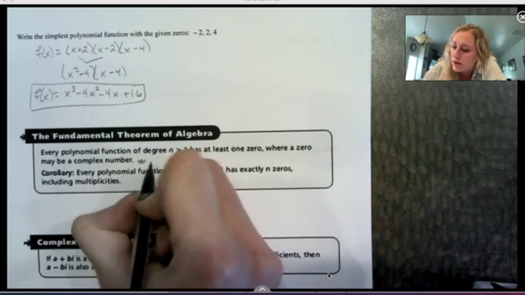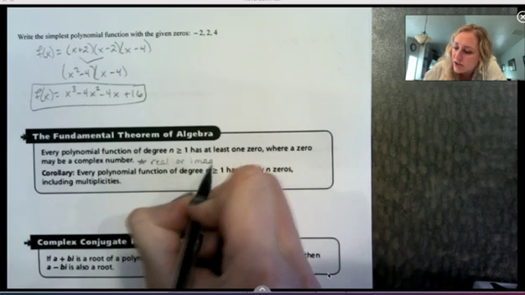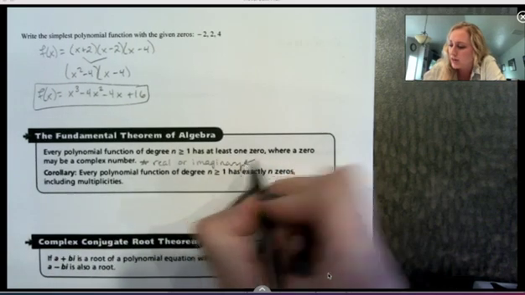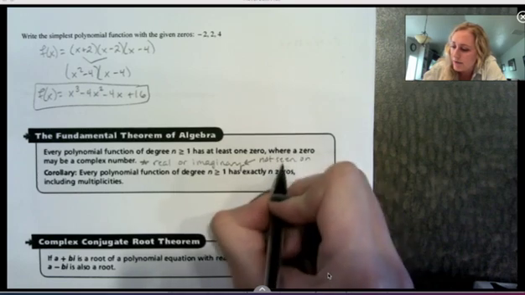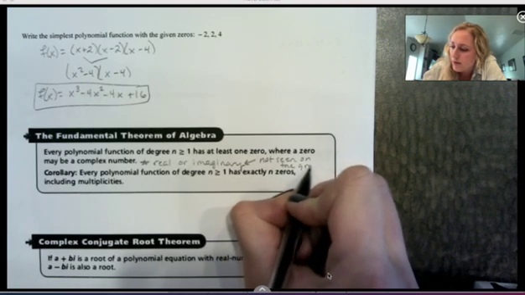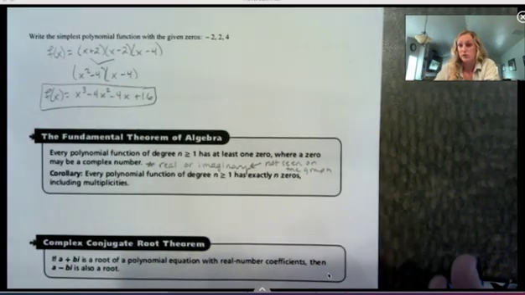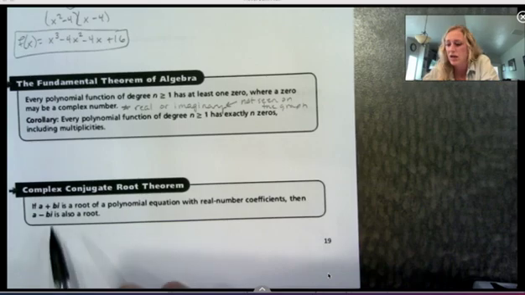So, real or imaginary, right, is what is included in complex numbers, and the imaginaries are not seen on the graph. And that includes multiplicities. So if a root occurs more than once, we count that multiple times to add up to whatever degree it is that we're looking at.